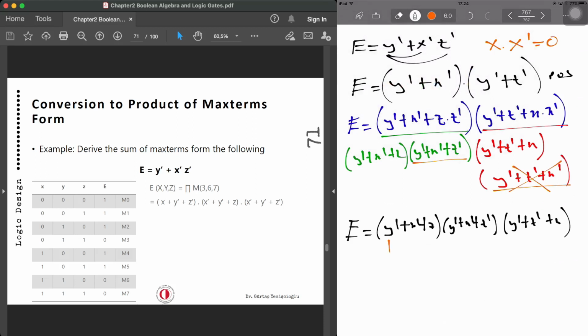So what are those? This is 1, 1, 0, which is 6. This is 1, 1, 1, which is 7. And this one is 1, 1... I think I mixed up one.